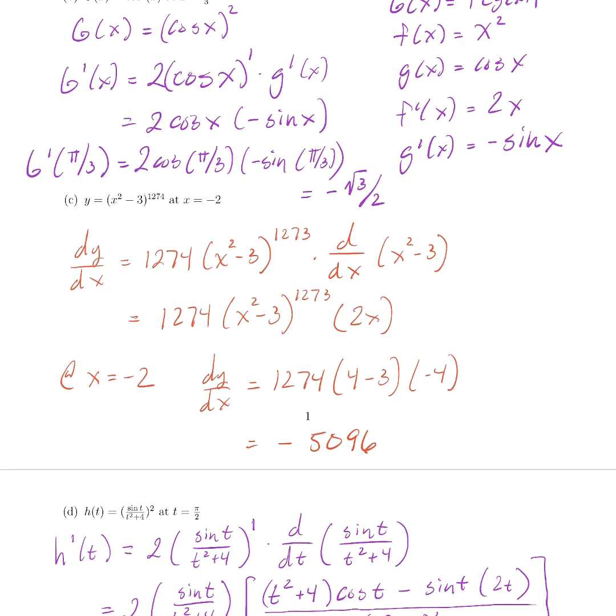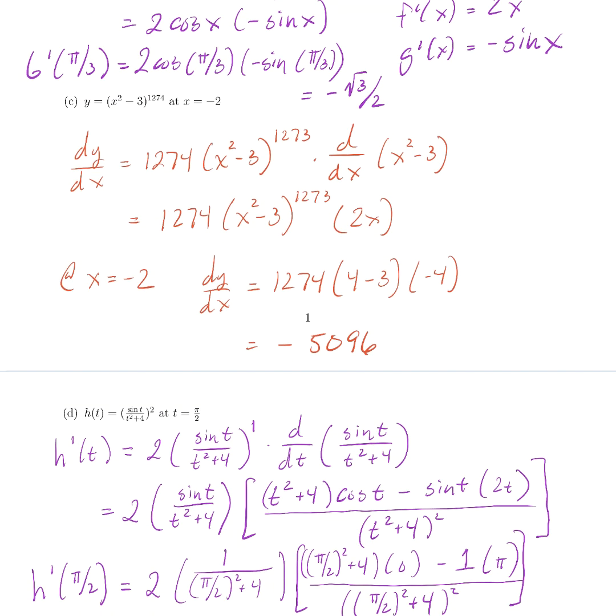Okay, third example. The outside function is raised to the 1274th power. We take the derivative as if this is the power rule. The 1274 comes down. We leave the inside function alone, it's x squared minus 3. We raise to one less power, the 1273rd power.